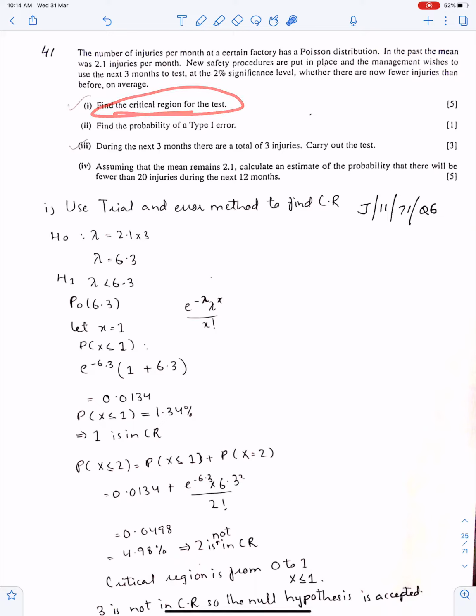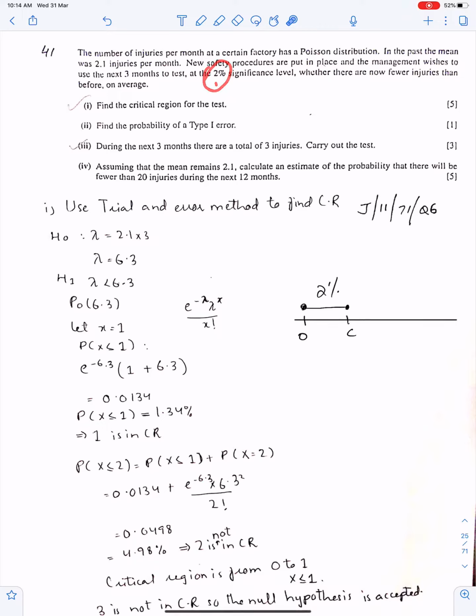Critical region, again you have to do trial and error. So first try x equals 1. The critical region is in lower tail. And the probability of critical is 5%, no, sorry, 2%.